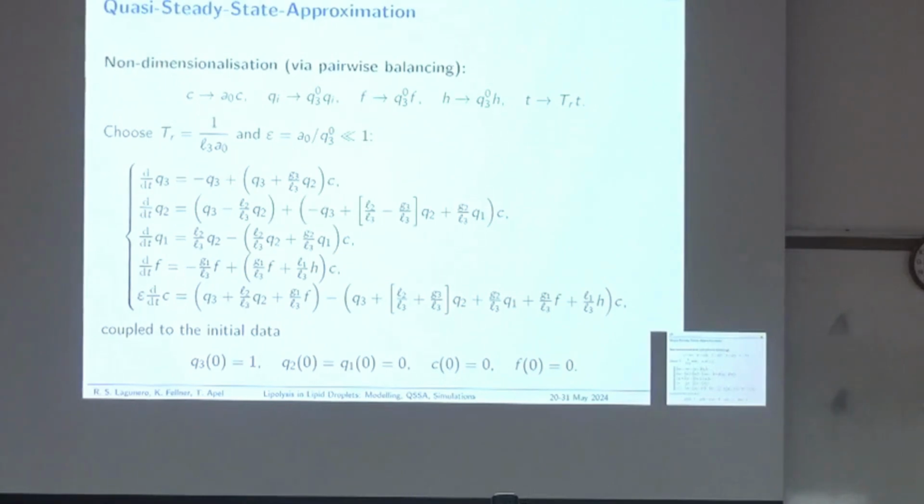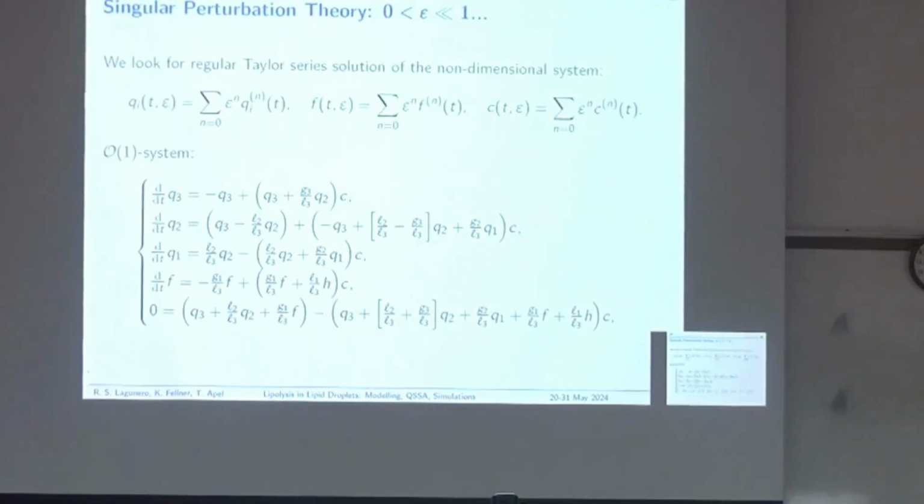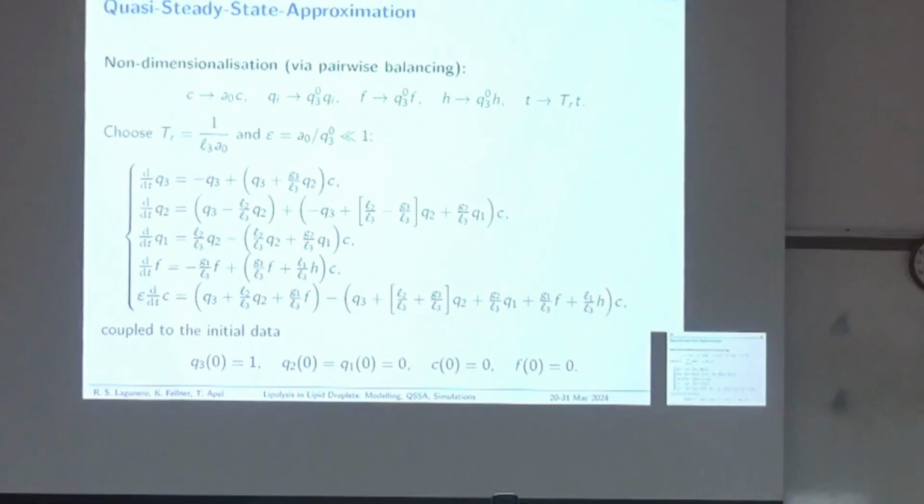So you have time scale separation, and so that means that your problem is a singular perturbation problem. And so with all this non-dimensionalization, choosing your time reference to this one, take note that my time reference here, this is a slow time scale, is basically the rate of how much you degrade triglycerides.